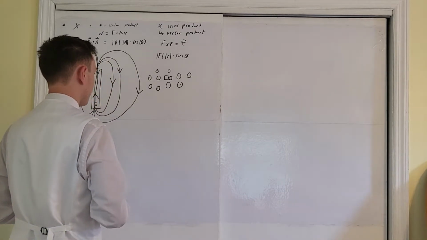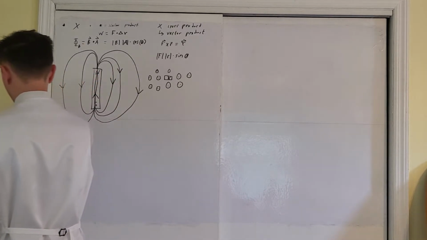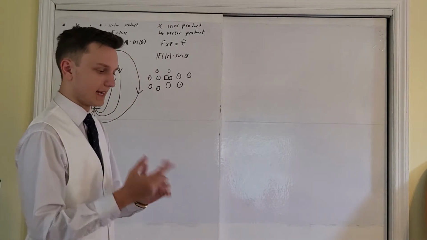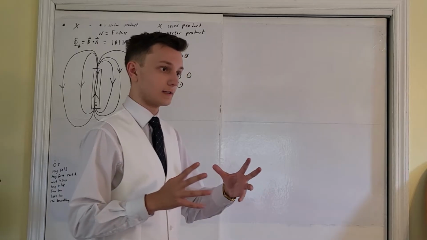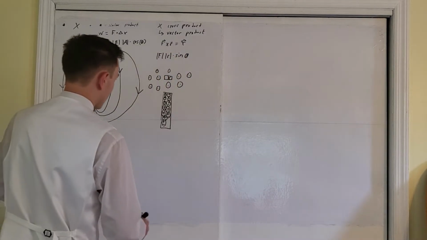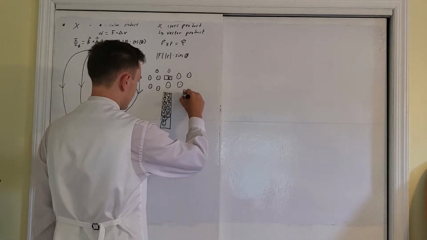The magnetic force is a force that is dependent on the movement of charge. That's why magnetism and electricity are often considered together, because they are so interrelated. Let's take a look at the magnetic force, okay?